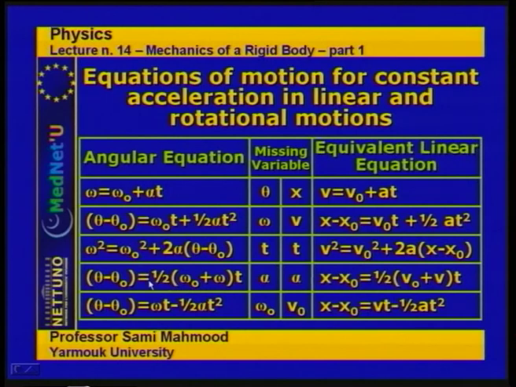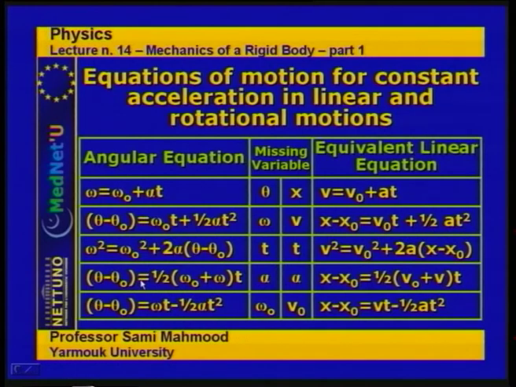This equation relates the angular displacement with the initial angular velocity, final angular velocity, and time. As usual, each one of these equations contains 4 different variables. If one of these 4 variables is unknown and the rest are known, then we can solve that particular equation and find that unknown directly.